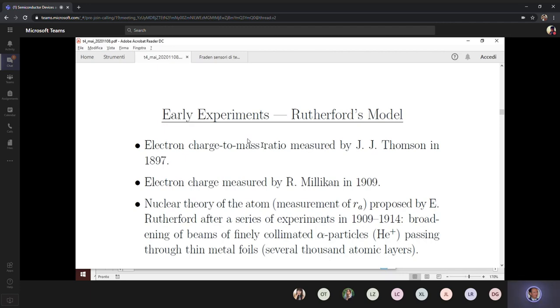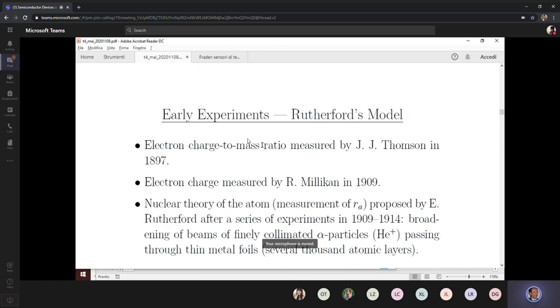The initial idea about the structure of the solid state metal was that of a uniform jelly of positive charge in which electrons move, okay? But that didn't work.